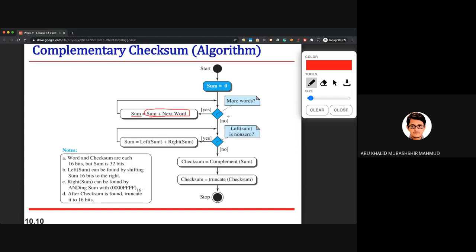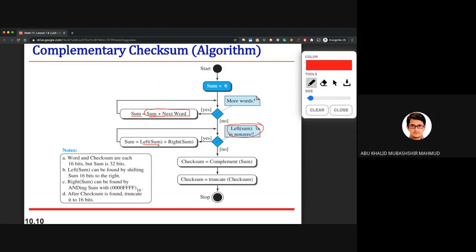If there are no numbers left to add, we get this portion: left sum and right sum, from the sum we get.